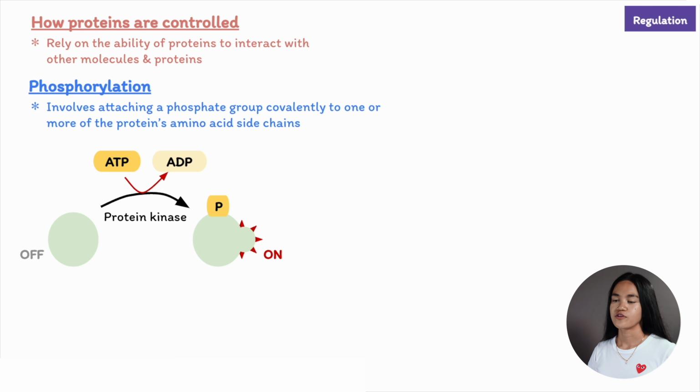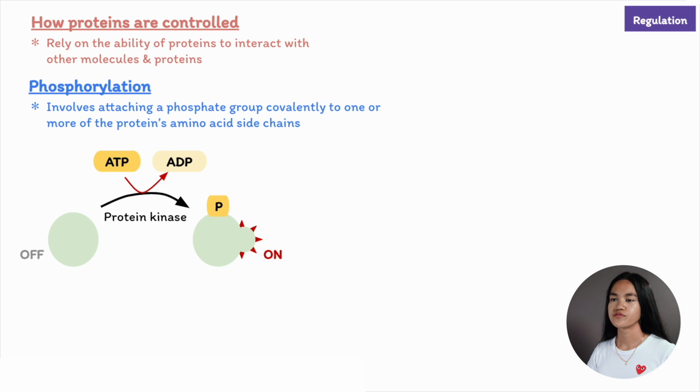The addition of a phosphate group can cause a conformational change, and a structural shift alters the protein's activity. So this protein has changed in structure and we have stimulated its activity. We've turned it on now. And this reaction is catalyzed by a protein kinase.